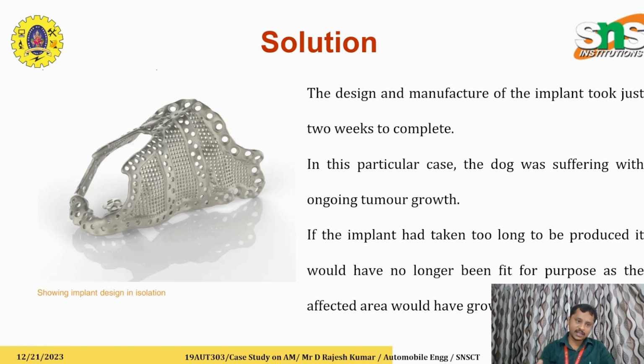If the design takes time, or the part arrival time is much longer, it cannot suit, because day to day the growth of the tumor is high. If it takes 3 to 6 months to receive the replacement bone or implant, it might not suit the dog at that time. So this is the case.